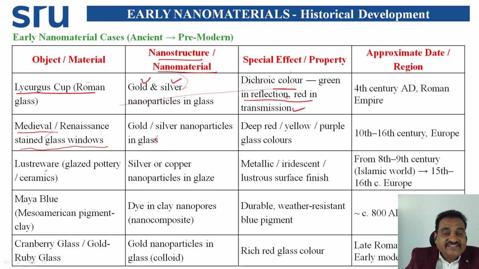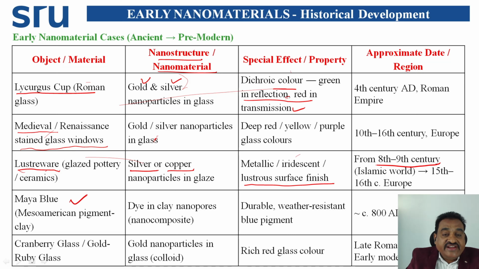You see, this is glazed pottery ceramics, lusterware. Here also, they used silver and copper nanoparticles in the glaze, giving metallic luster surfaces and finish. The time is 8th to 9th century or 15th to 16th century Europe.